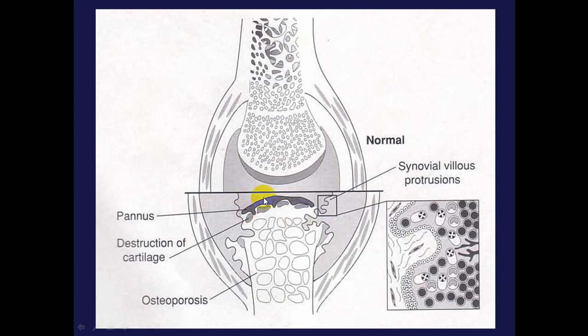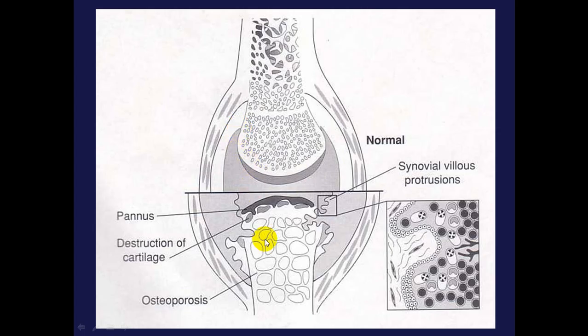This is the cartilage of the joints. We call it the pannus here, and then the normal joint will be like this. This is the pannus, the cartilage, and this is the articular space, and this part of the pannus is covered with synovial membranes.